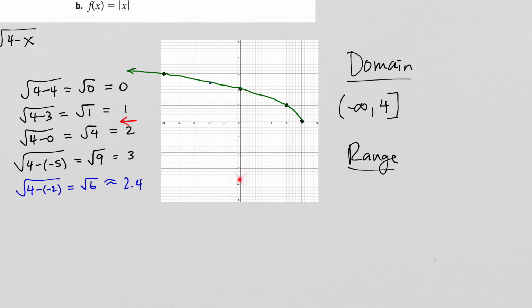So none of the negative y values have a graph associated with it. The first y value is y equals 0, which is right here. And then you can see that the graph goes up from there. So every y value above 0 is going to have a graph associated with it. So your range starts at y equals 0 and goes to positive infinity.